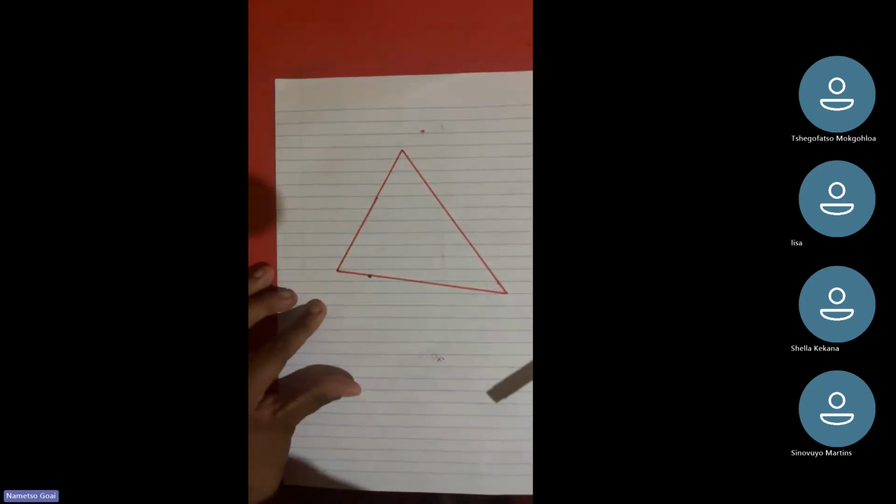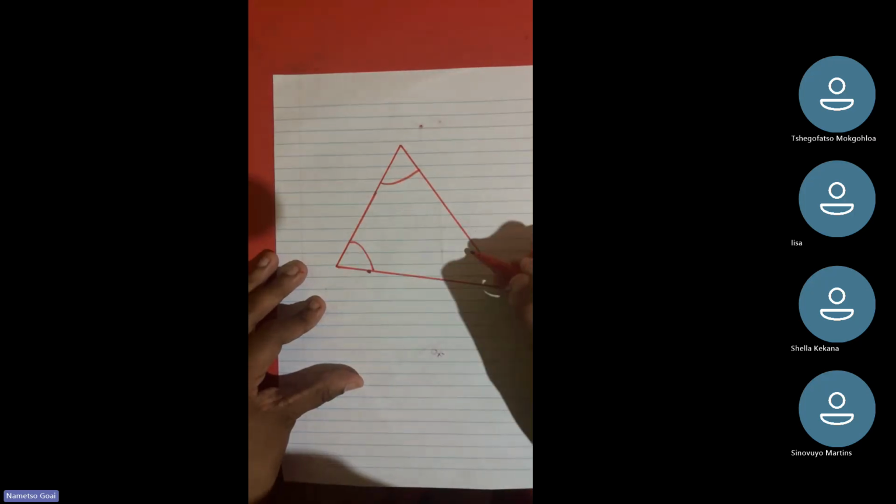Okay. So the sine rule, let me just make a big triangle over here. We mainly use the sine rule if we have a triangle that's not a 90-degree triangle, so you can't use the Pythagoras theorem to find the other sides, right? It's actually quite easy.